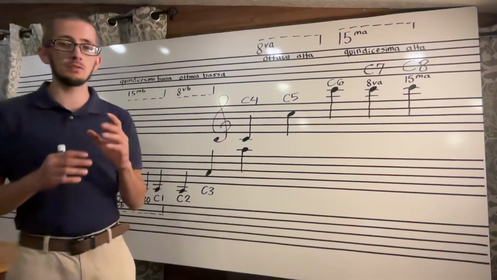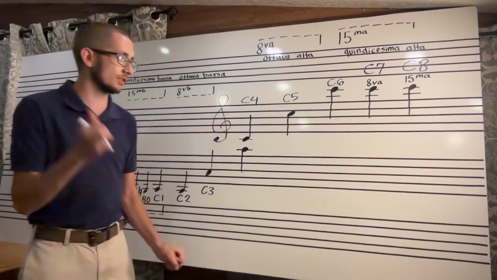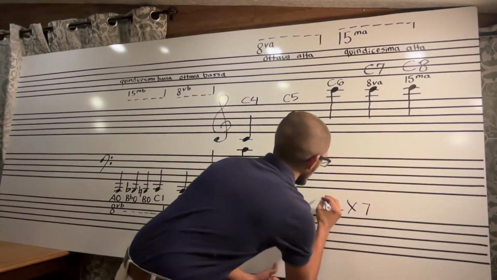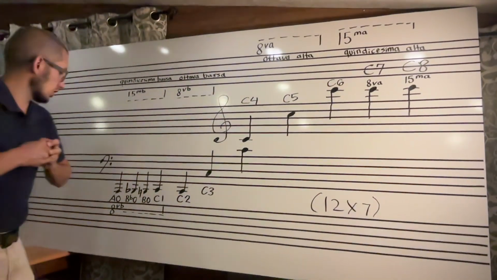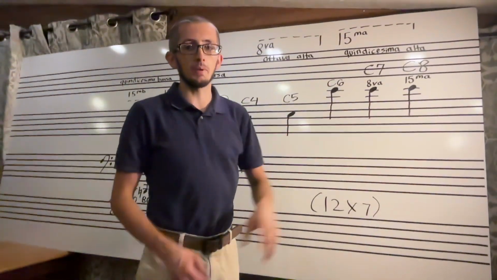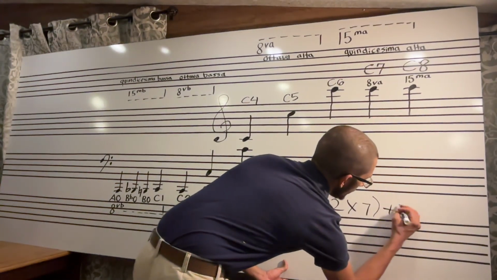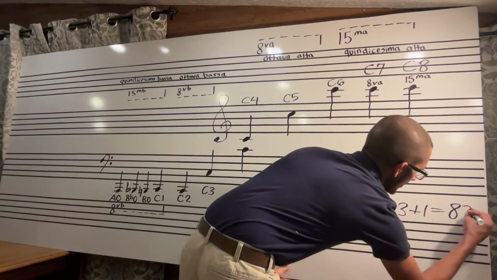So there are 7 full octaves on a piano and 12 pitches to each of those octaves. So that's 12 times 7, which is 84. And we have an additional 3 pitches at the bottom and an additional pitch at the top. So 12 times 7 plus 3 plus 1 is 88.